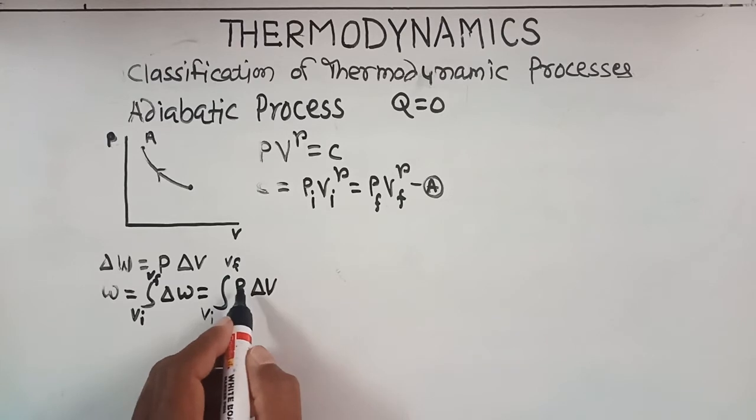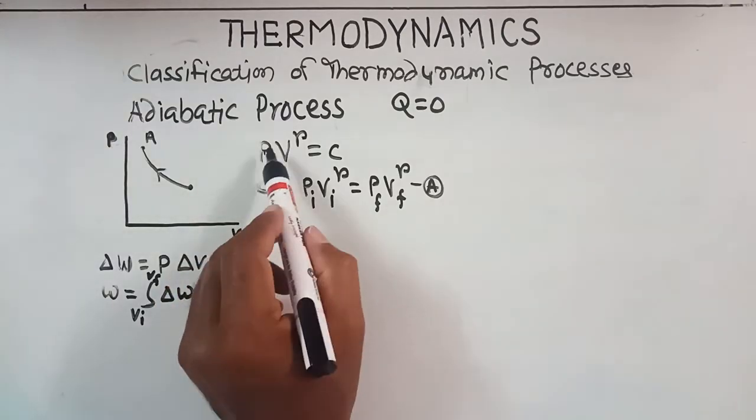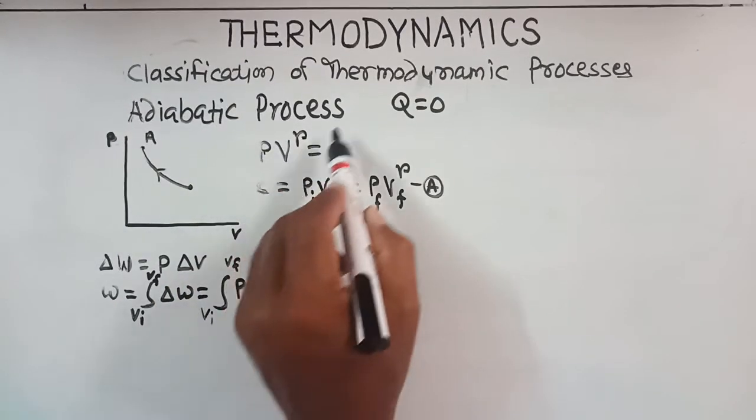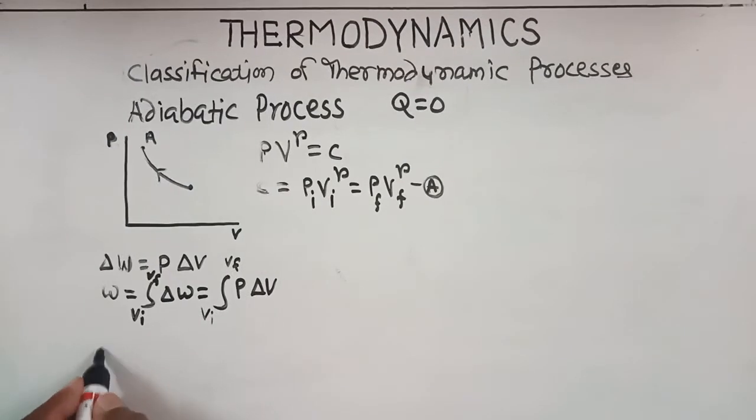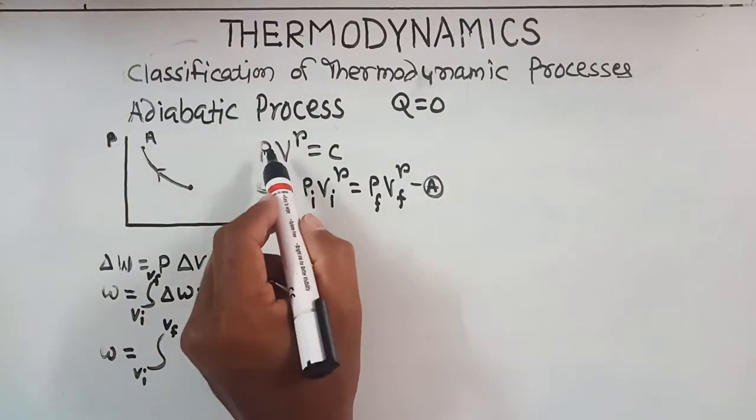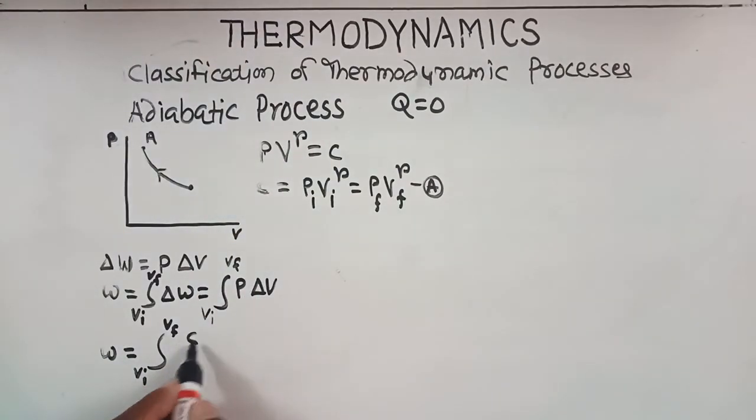Now let us substitute the value of P from this equation. What is P? P is equal to C upon V raised to gamma. So the work done W is equal to the integration, with limits of integration from initial volume Vi to final volume Vf, of C upon V raised to gamma into dV.